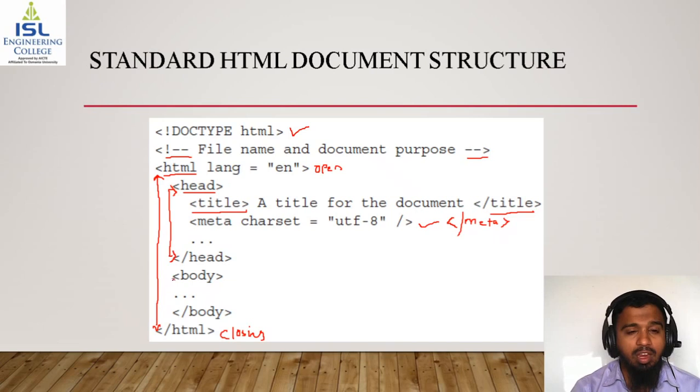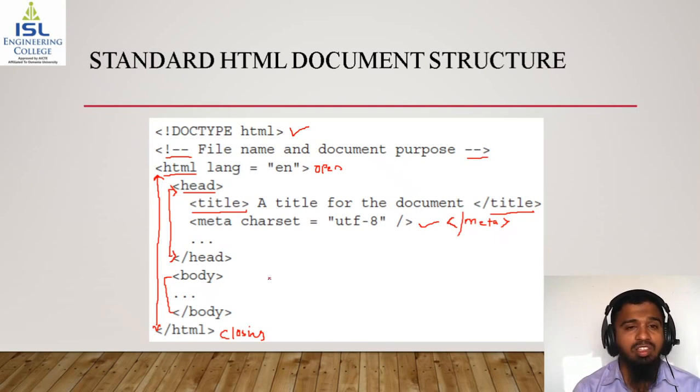Okay, and here the body. Now in the body, whatever you are going to write, all commands, or we can say tags, whatever tags you write between this body will display on the browser.